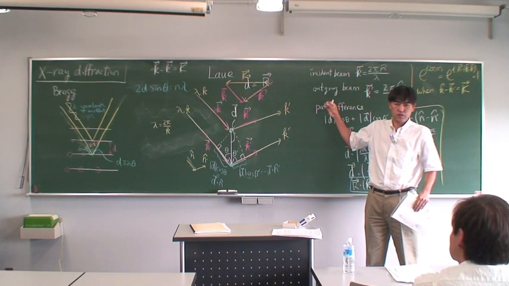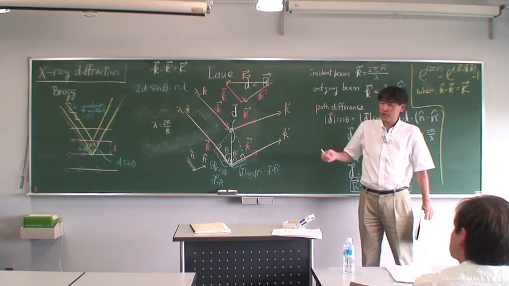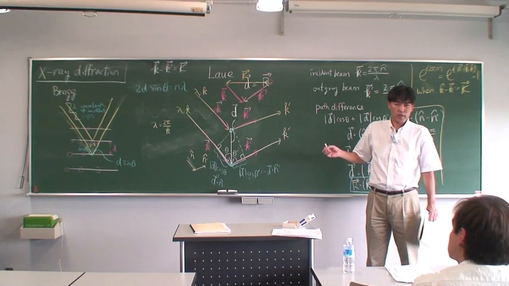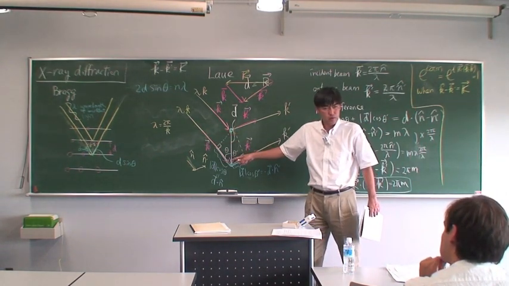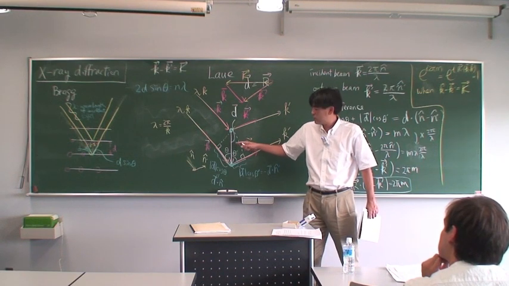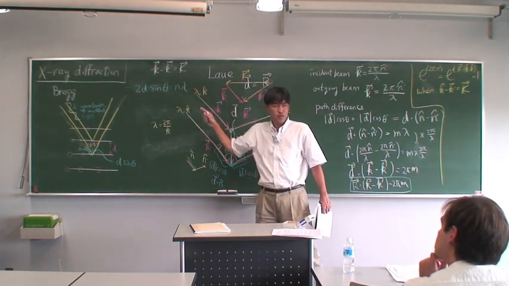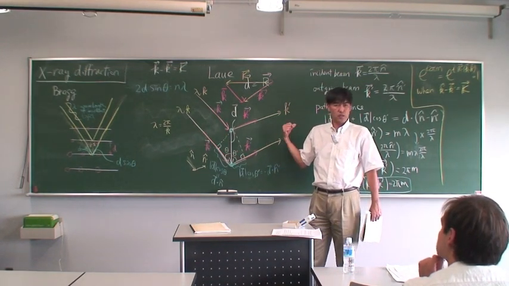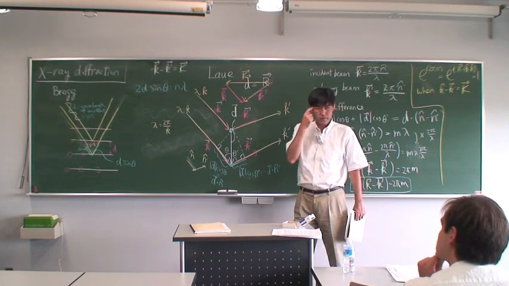If you know the incident beam and the reciprocal lattice vector, you can find out which direction the light becomes very strong. Okay?